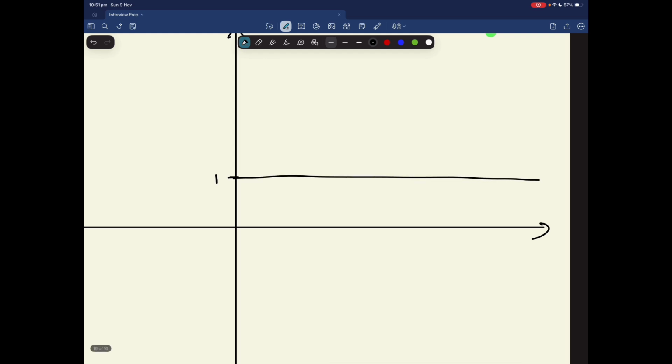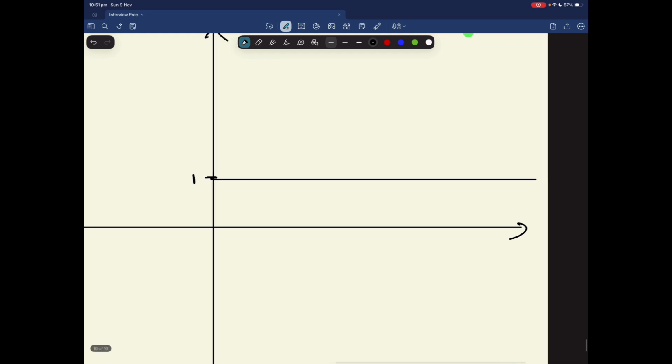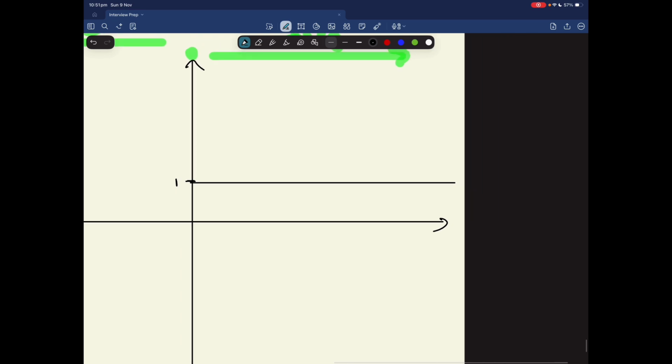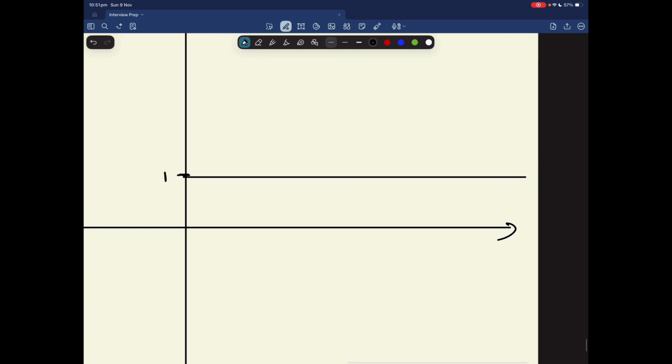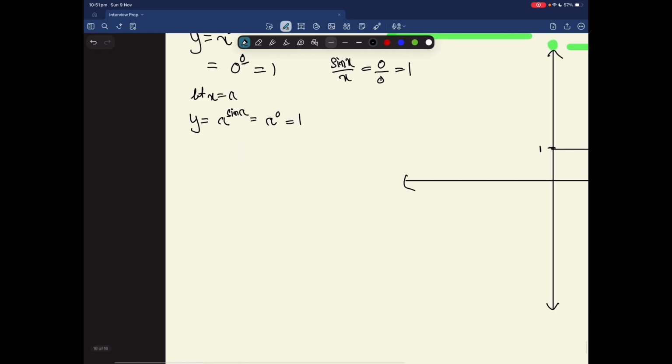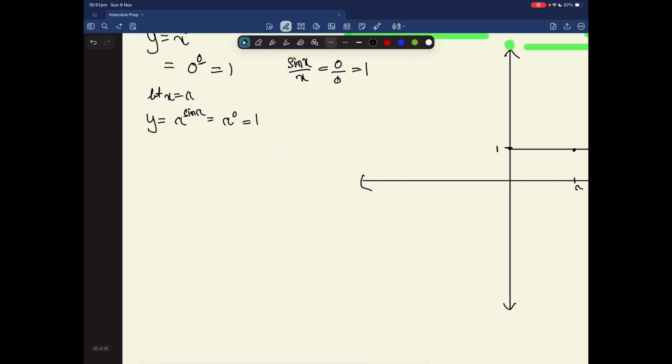So I'm going to draw y equals 1, and say that every multiple of pi, so for example that's pi, that's 2 pi, whatever, it's going to hit our y equals 1 graph. Okay, so that's our intercept sorted.